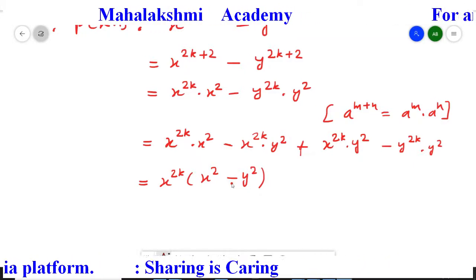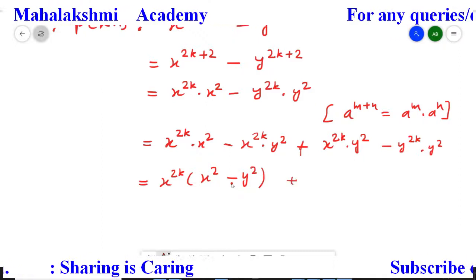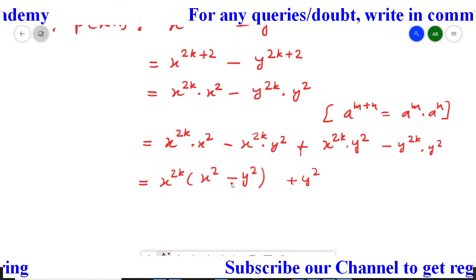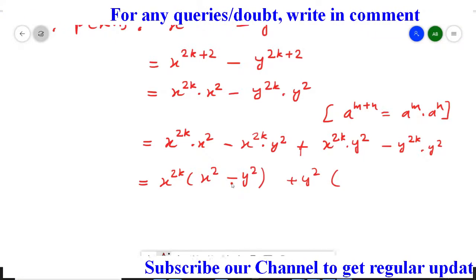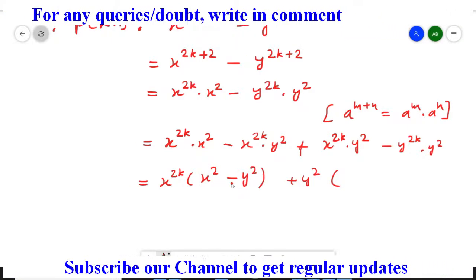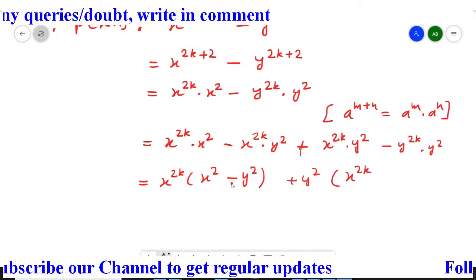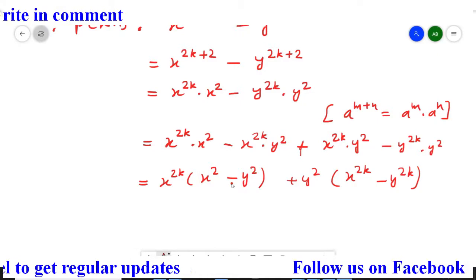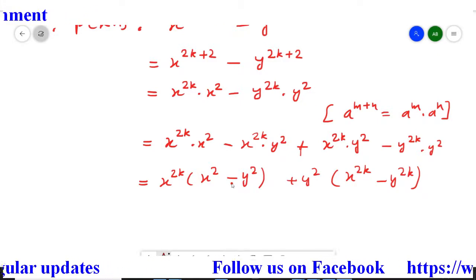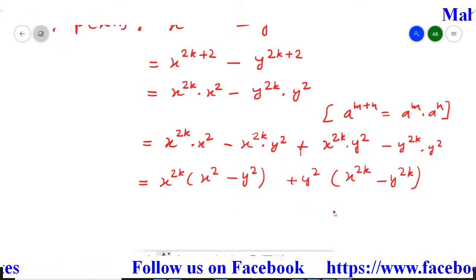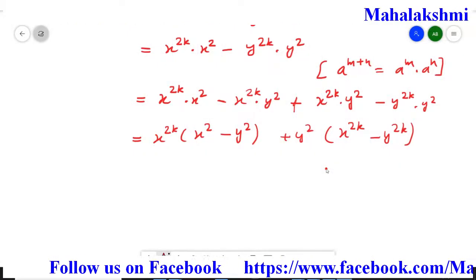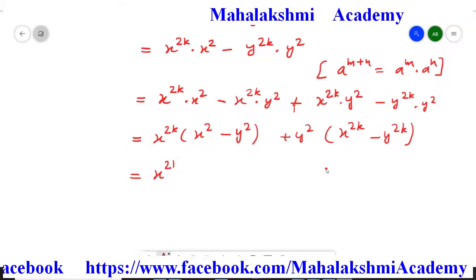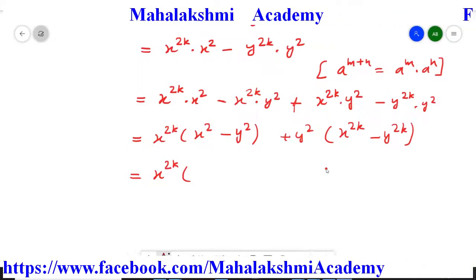Now in the last two groups, just take y square common. So we remain with x to the power 2k minus y to the power 2k. Now here students, in the next step we are going to write it as x raised to the power 2k as it is, and here we will use the a square minus b square formula.